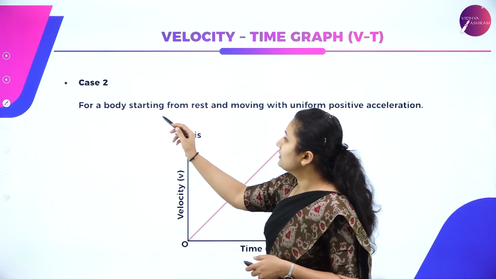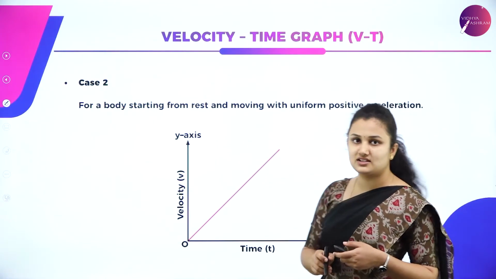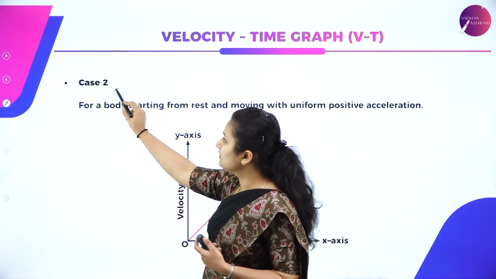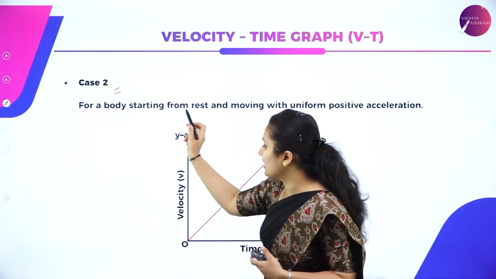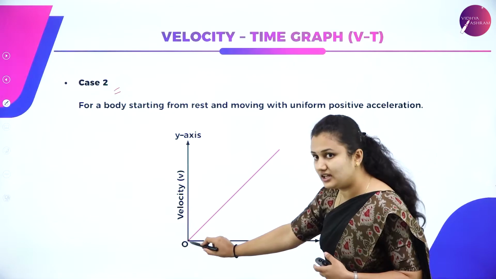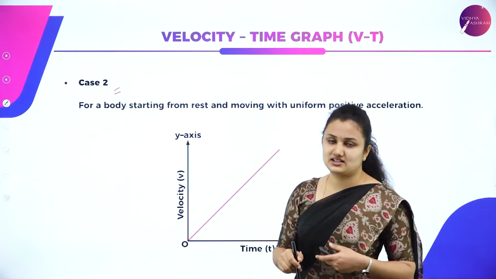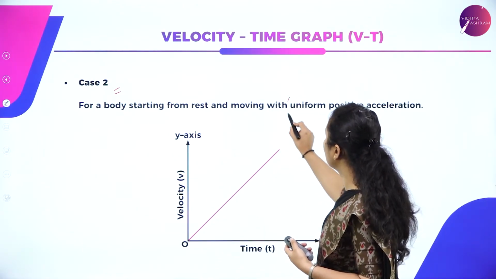Next, what if the body is starting from rest and moving with uniform positive acceleration? What do you mean by this statement? Case 2 in the velocity time graph explains that the body is starting from rest, it is at O, the origin, and moving with uniform positive acceleration. What do you mean by uniform?